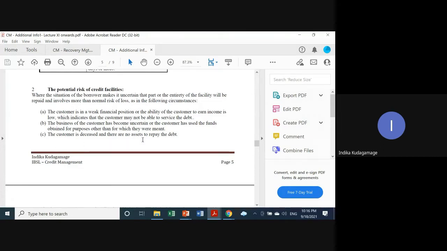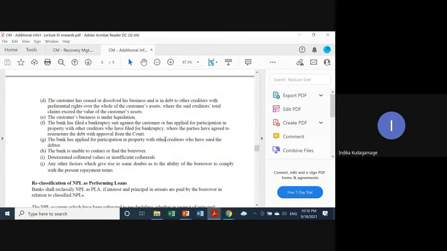There are no assets, right? These are points we can look for when we are talking about risk profile. These are called objective evidence. That means you are sure there has been a change to his risk profile, so the customer may go bad.